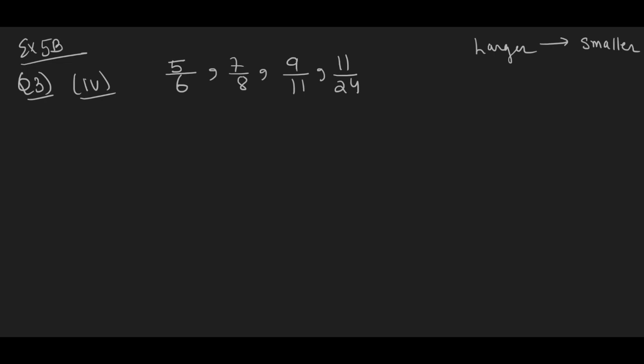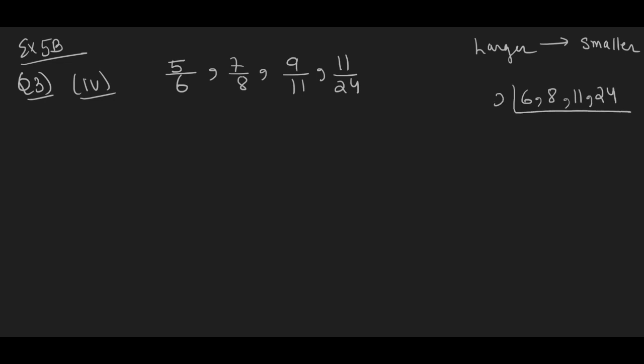So first we need to find the LCM of 6, 8, 11 and 24, and convert them into like fractions. So we have 6, 8, 11 and 24.